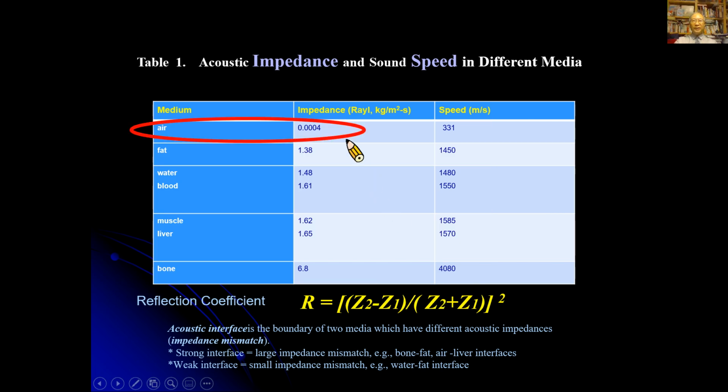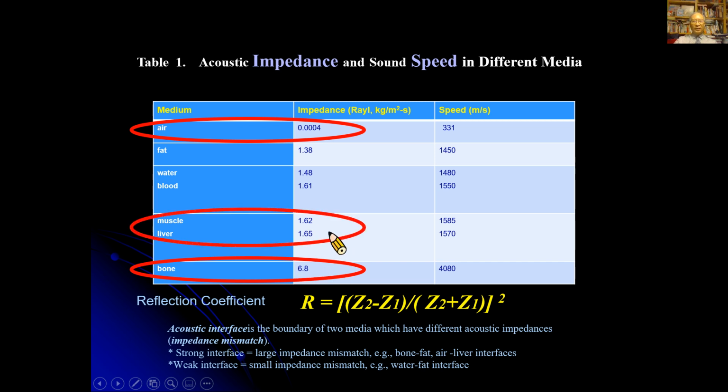Why is air so strong in reflection? Here you can see the impedance of air is about 0.0004. That means air is very soft, very compressible, but bone is very hard, and soft tissue is in between. The reflection coefficient is related to the difference between two impedances.